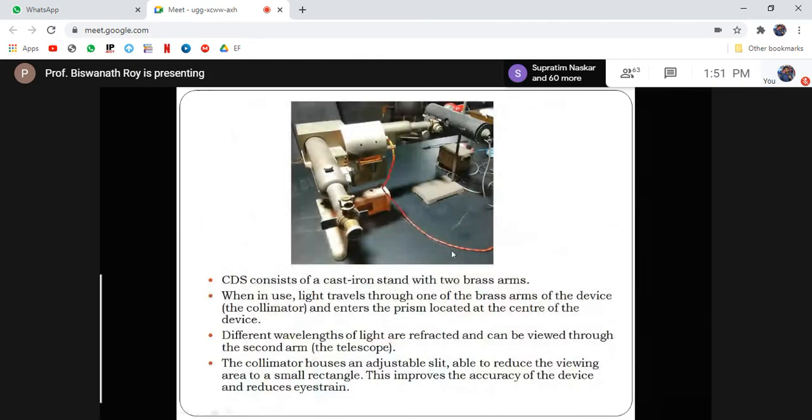This is known as the eyepiece, where we can put our eye to see the spectrum. So this is the axis of the telescope, and this is the axis of the collimator, right? And you see the deviation is constant, always 90 degrees. That's why it is a constant deviation spectrometer.